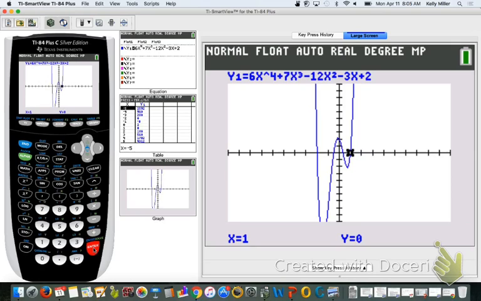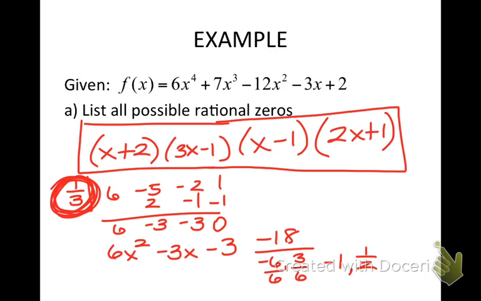So when we had that original function and made our list of all of our possible rational zeros, I could have gone into my calculator and found -2 and +1, and I could have used those for my first 2 in synthetic division, which would have been nice, instead of guessing and checking all of those.